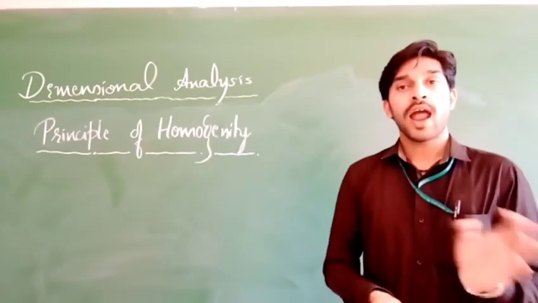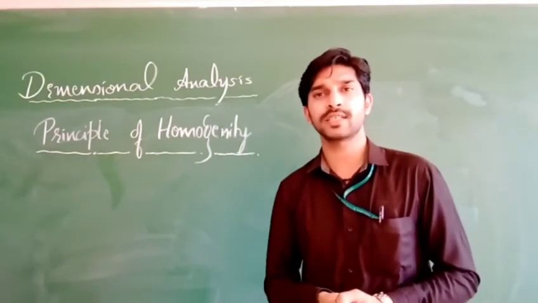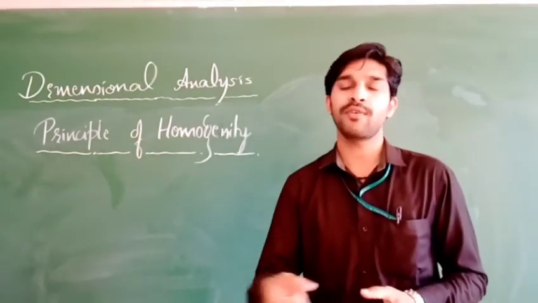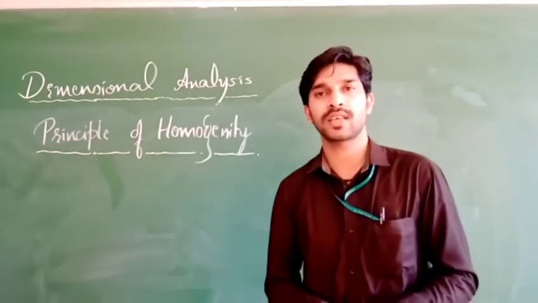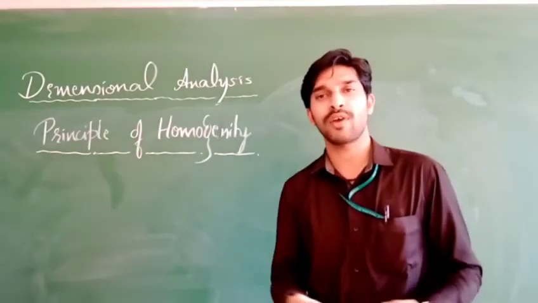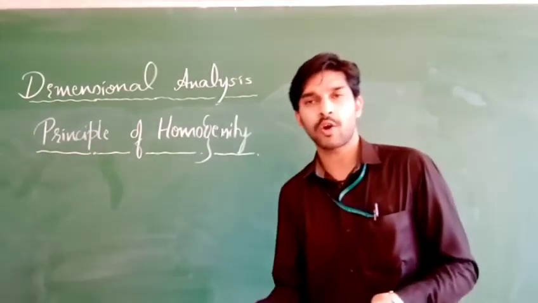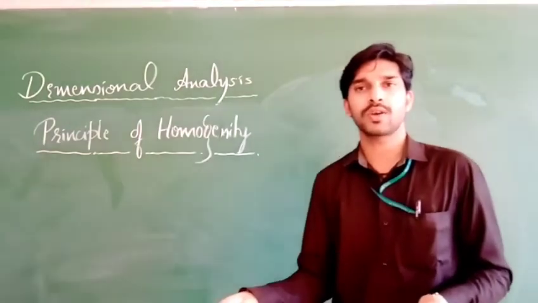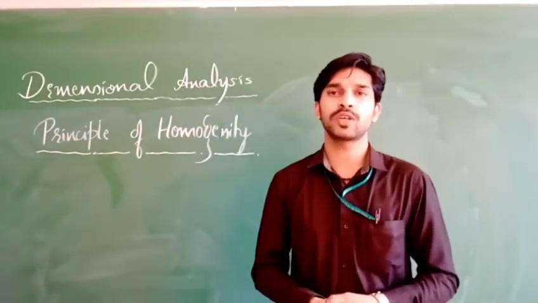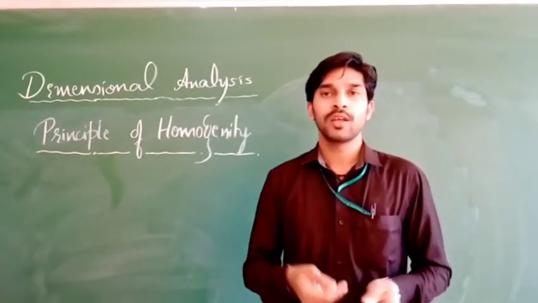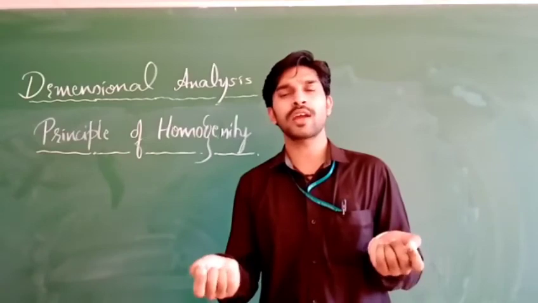Now suppose I have a 5 meter scale in one hand and a 5 kg dumbbell in the other hand. I can't add these two. One quantity we are measuring in mass, and for the other object we are considering length. So this kind of addition we can't do.